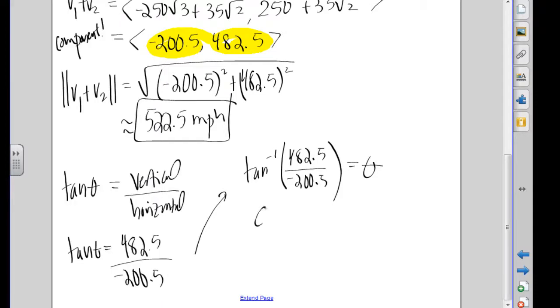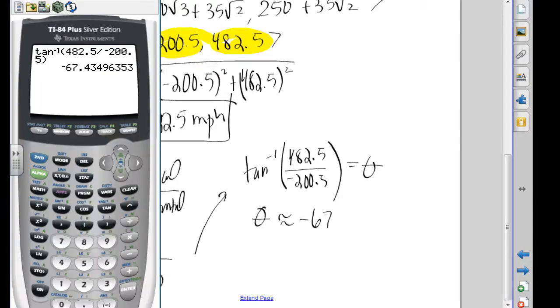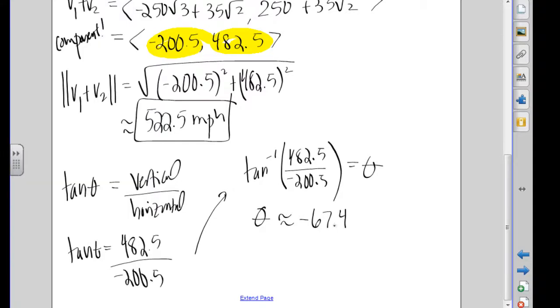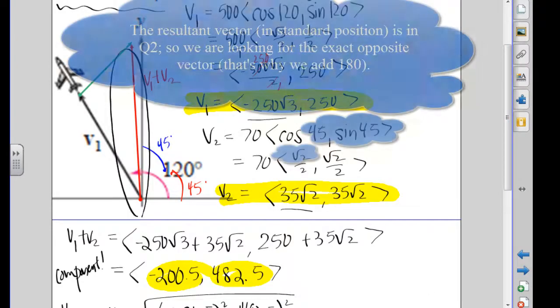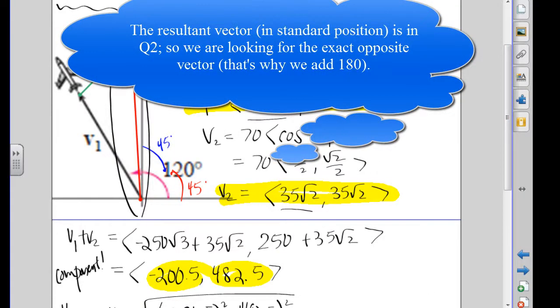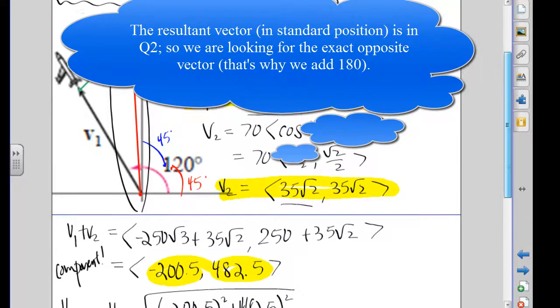Well, I get theta being approximately negative 67.4 degrees. Well, again, that's measured from the positive x-axis. So negative 67.4 degrees is down here. But looking at a resultant vector, negative 67.4 degrees is not a logical conclusion.